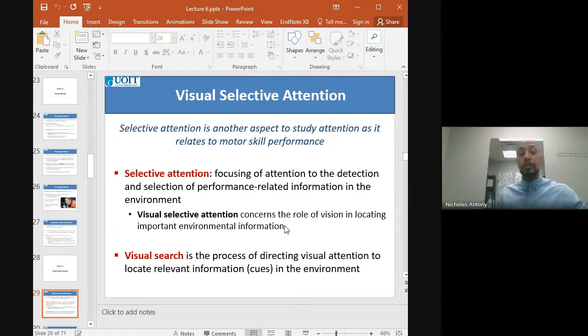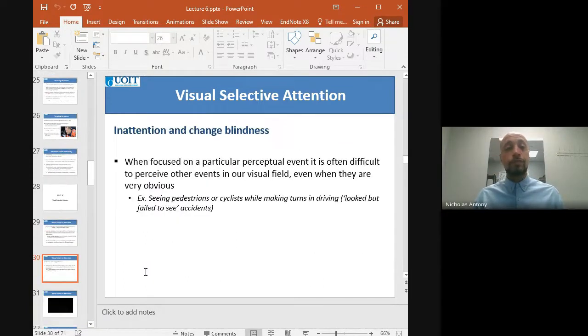So a lot of research has looked at studying what people are looking at as they're performing a motor skill, and then comparing that as they get better, or comparing an amateur versus an expert, and trying to understand what the changes are in our visual selective attention. What are we visually selecting to attend to? The process of what we're looking at in the environment is called a visual search.